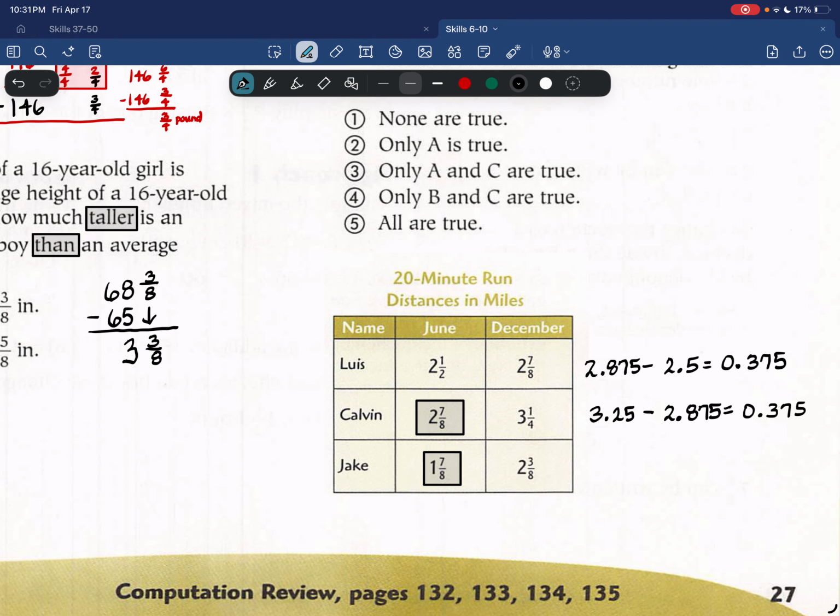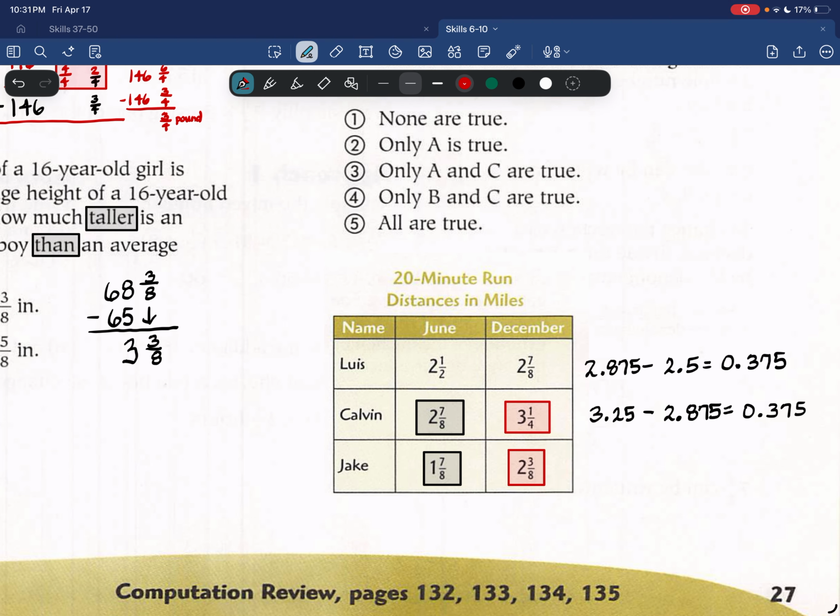We have this one and this one for June. And while I'm here, I'm going to go ahead and get December. Who was the fastest in December? It was still Calvin. And who covered the least amount of ground? It was still Jake. But he did improve significantly.